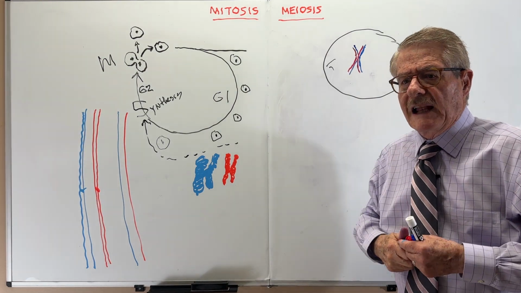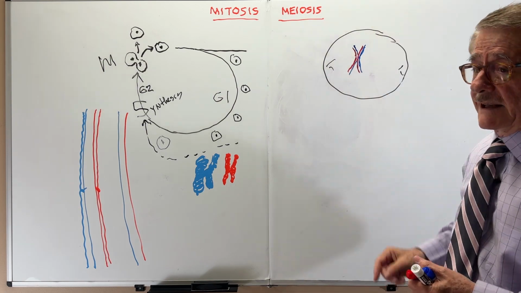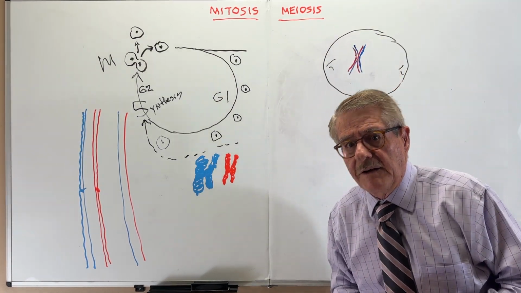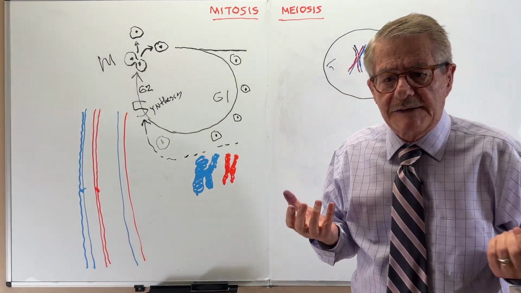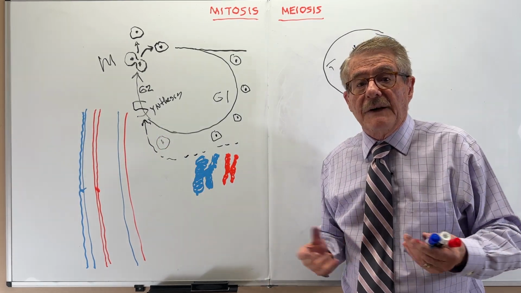In other words, they get just as close as the father and the mother got before. And that has a very important reason. It's to produce cells that are going to be different. There's going to be genetic diversity.